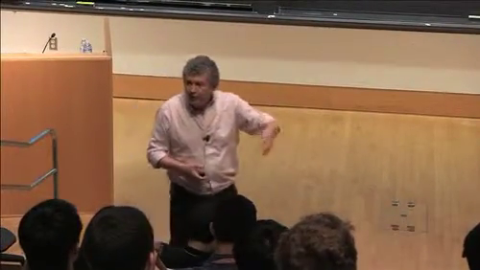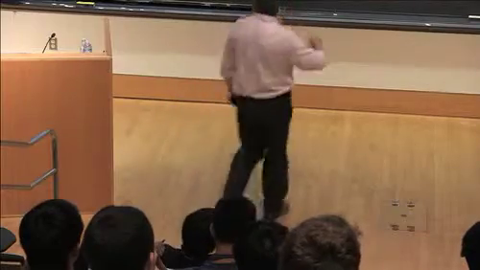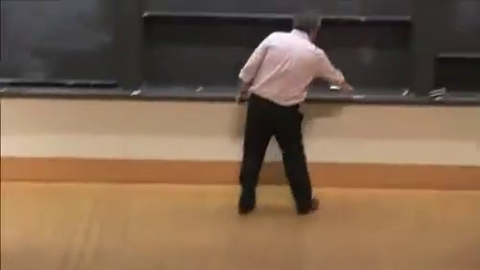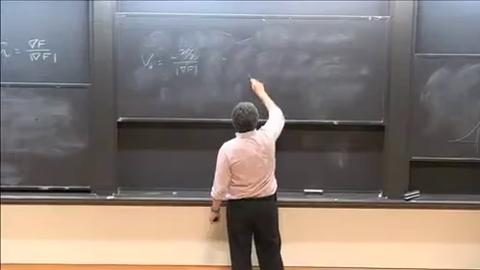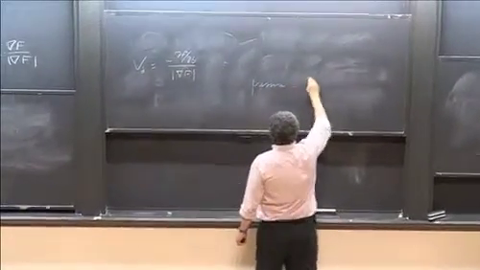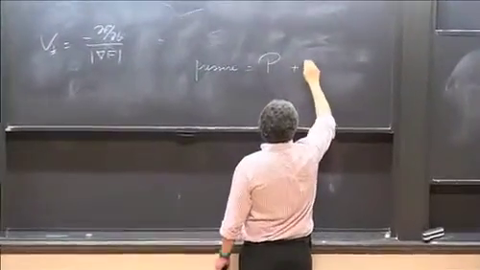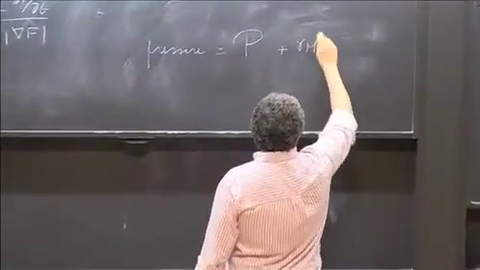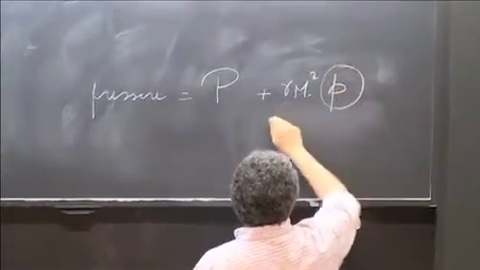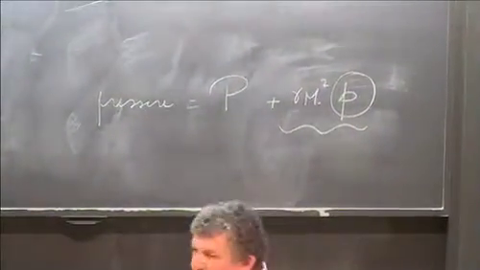But this P is not the true P. It's just the P that we put in when we wrote that the pressure is equal to capital P plus gamma Mach number squared little p. So when I use the word small, I mean that this entire term is small, but not the P itself. P is order 1. Okay.